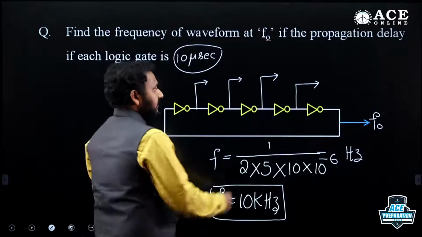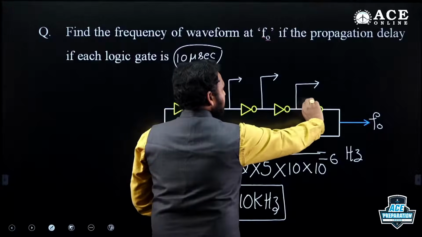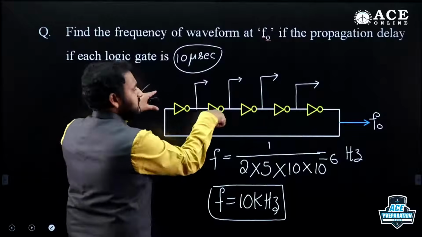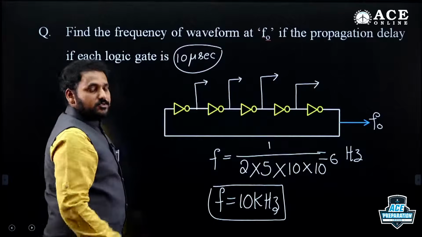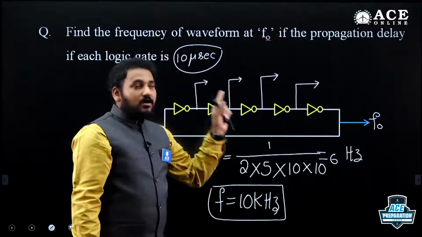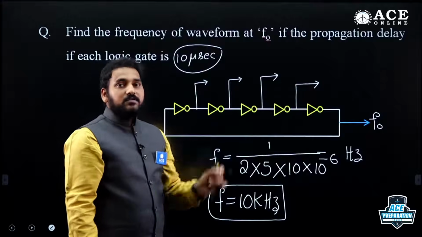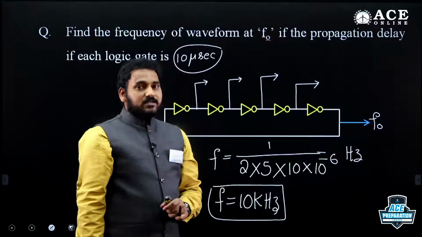If I take the output from here, it is just a wire. You can extend this wire, and the circuit remains the same, so the operation remains the same. At any point, the frequency of the waveform remains the same: F is equal to 1 by 2 into n into propagation delay.